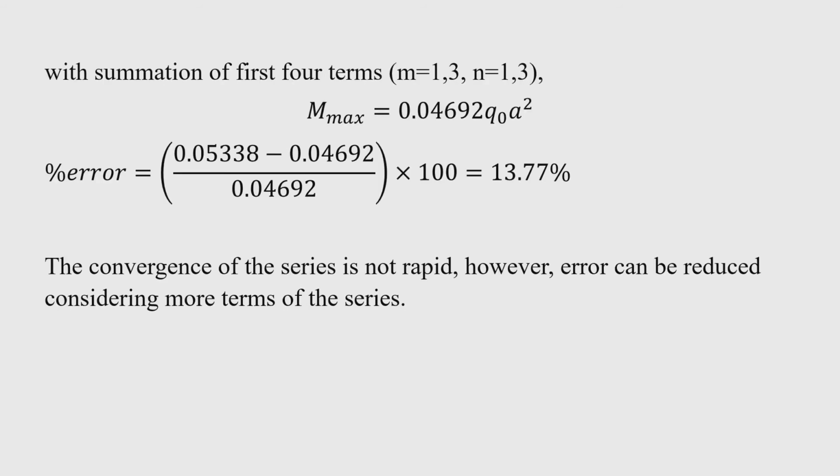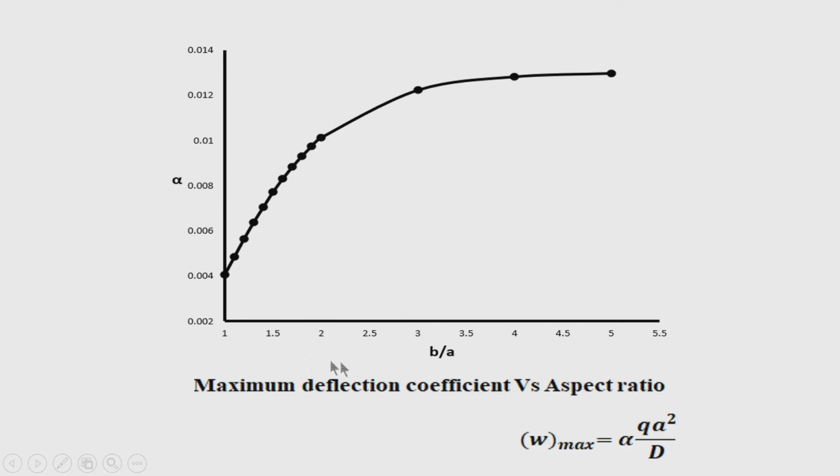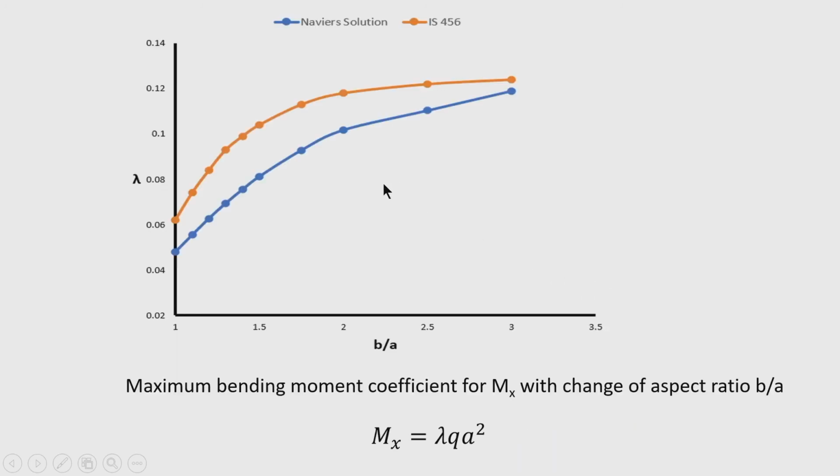If you see the deflection versus aspect ratio curve, you will see that deflection increases with the aspect ratio first, and then it does not increase much and becomes almost the same at a higher aspect ratio. If we compute the bending moment along the x direction with the b by a ratio, Navier's solution gives the result shown with the blue curve, that is the variation of bending moment coefficient with aspect ratio.